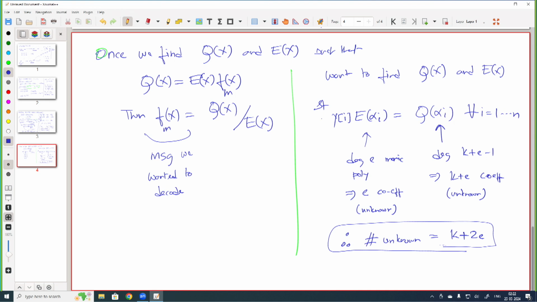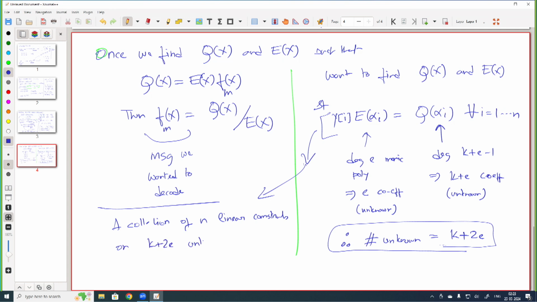So, this gives me a collection of n linear constraints on k plus 2e unknowns.